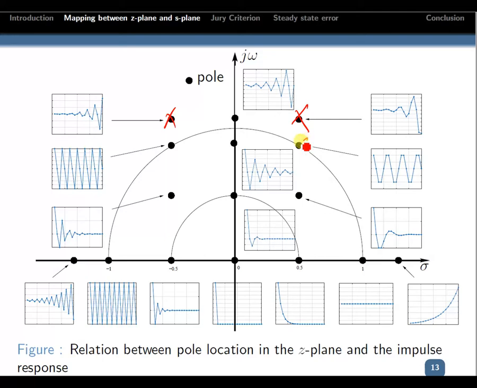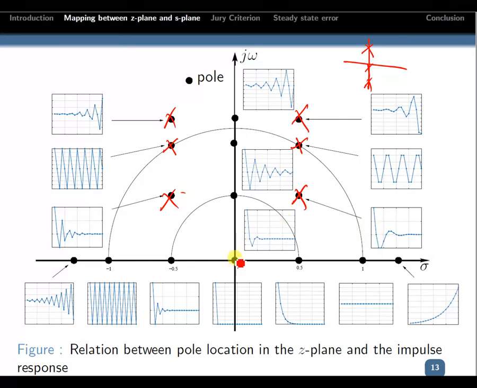If the pole is exactly on the circle, your system will oscillate, the same as in the S domain, when the pole stays on the j omega axis; here it will be on the circle of radius 1. Your system becomes oscillatory. Inside of the circle, your system will be stable.